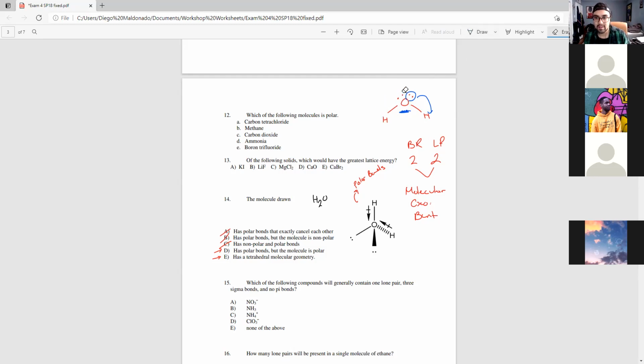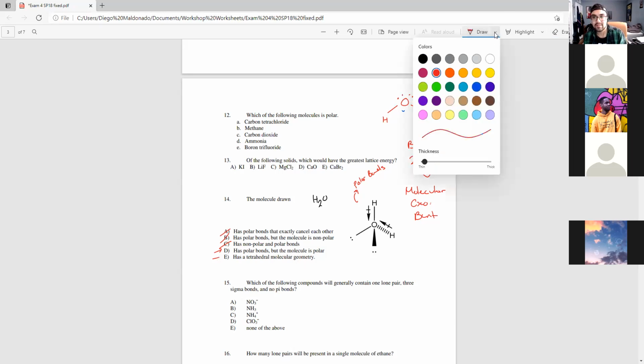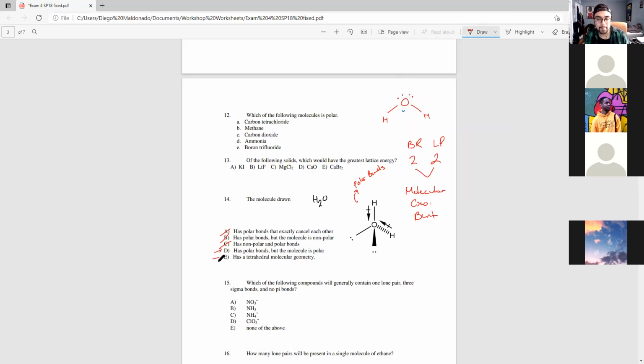Now that you've assigned the molecular geometry, is it a tetrahedral molecular geometry? Well, it has a tetrahedral electronic geometry. Electronic geometry is tetrahedral, but it's asking about molecular.